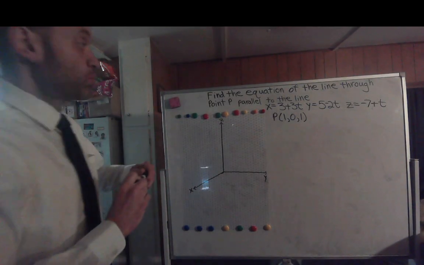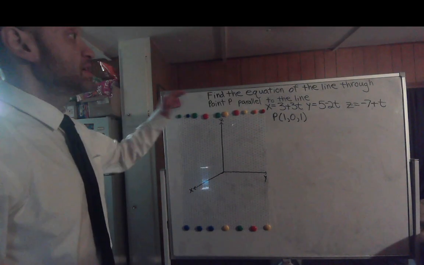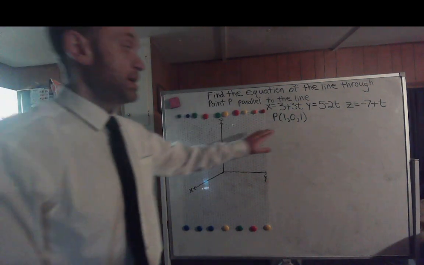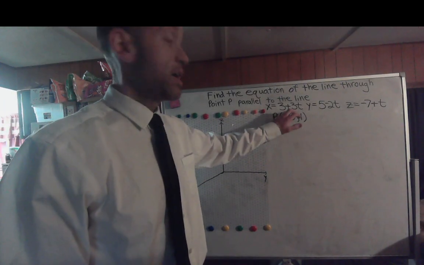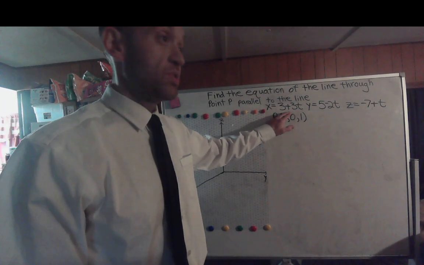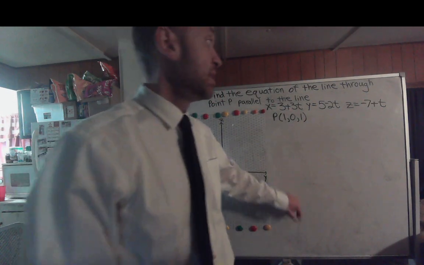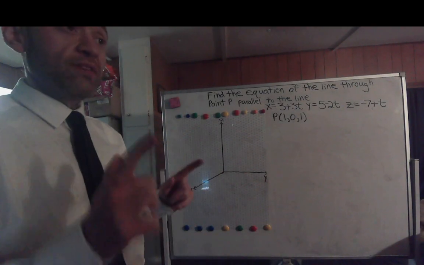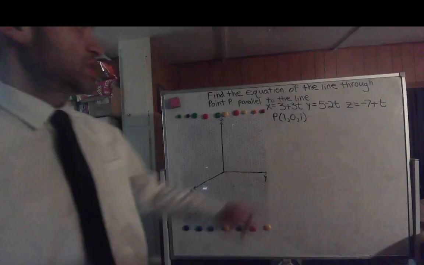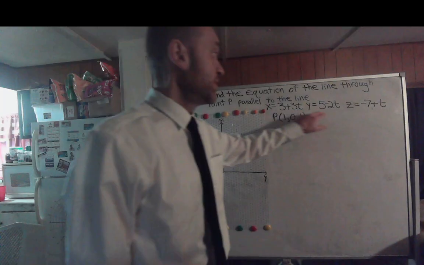Alright, so what this is really going to be is find the equation of the line through point P, which is at 1, 0, 1, parallel to the line with parametric equations x equals 3 plus 3t, y equals 5 minus 2t, z equals negative 7 plus t. Well, again, if you're given parametric equations, just ignore your constant terms. Don't even care about those. Look at your coefficients on your t variables.